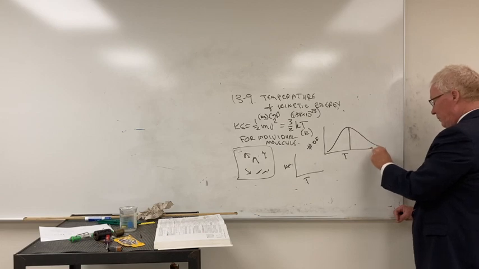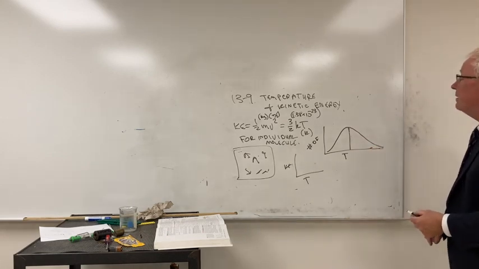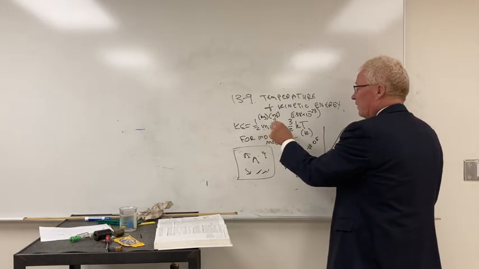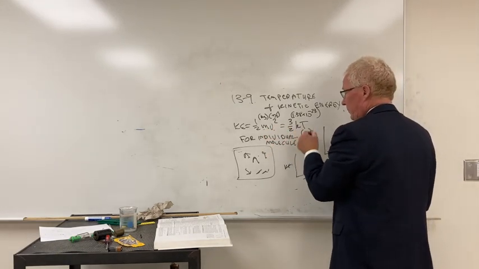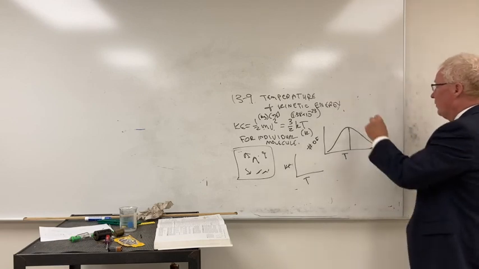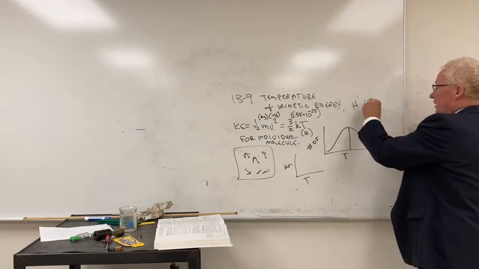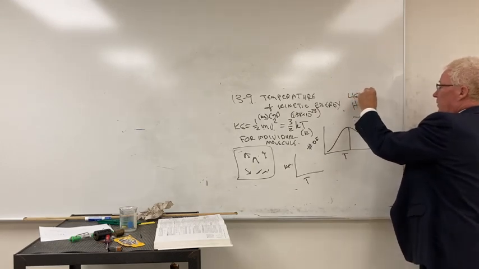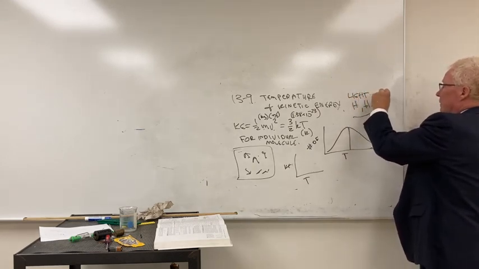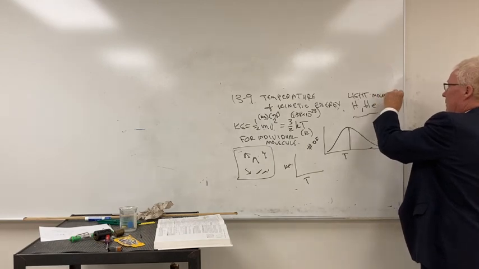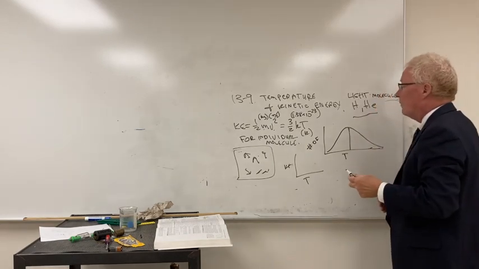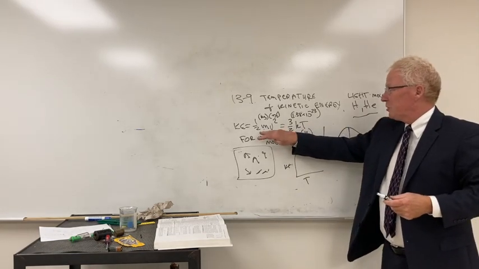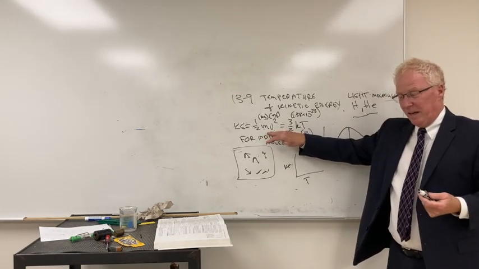Now, what's interesting here is that the lighter the molecule, the faster it's going to be going to have the same temperature. So if you look at, say, hydrogen and helium on the periodic table, light molecules, for them to have a specific temperature, because they're extremely light, they're going to be moving very fast.